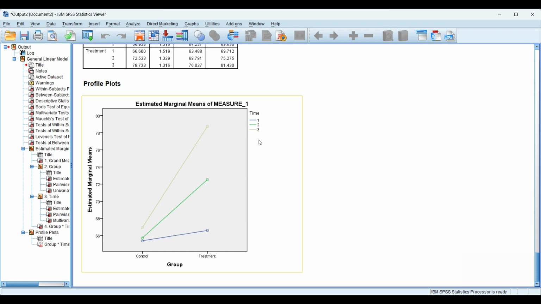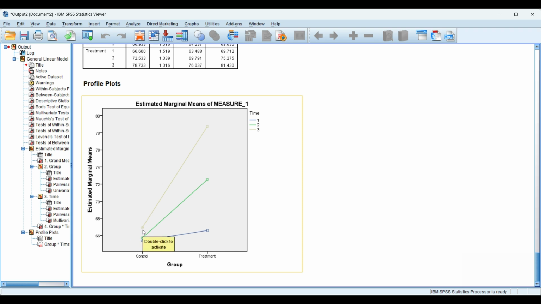Okay, by week 4, which is time 3, the treatment group mean score increased further to approximately 78.7. You can find it above, and this point is 78.7. So this is a very high jump, while the control group mean score increased only slightly to approximately 66.9.